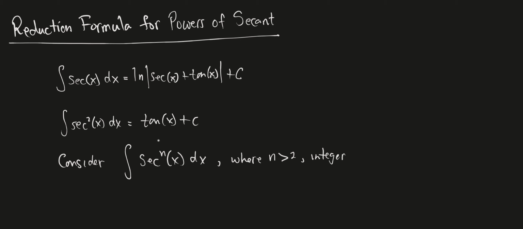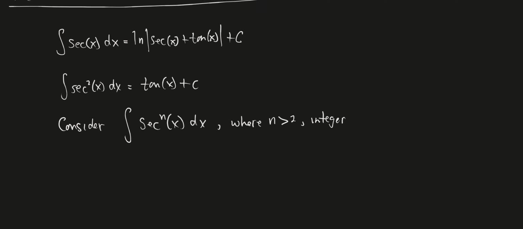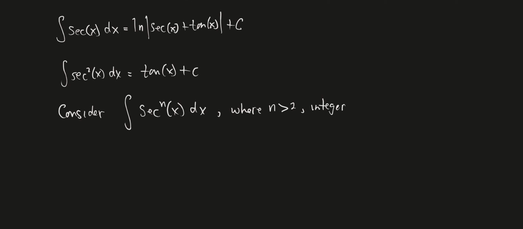Well, it turns out we can do a few tricks. We're going to pull a couple of tricks out of our integration bag here, and derive a pretty nice relationship in the end for this type of integral.